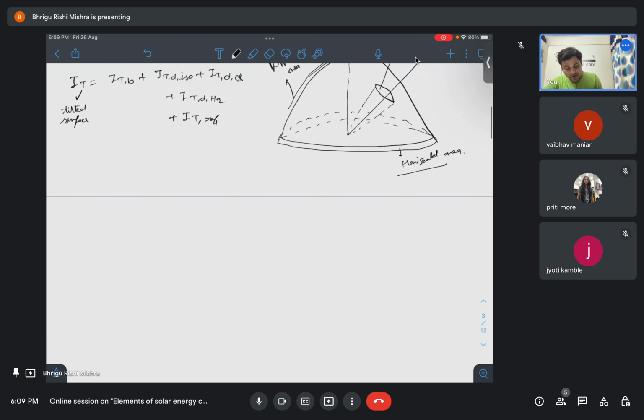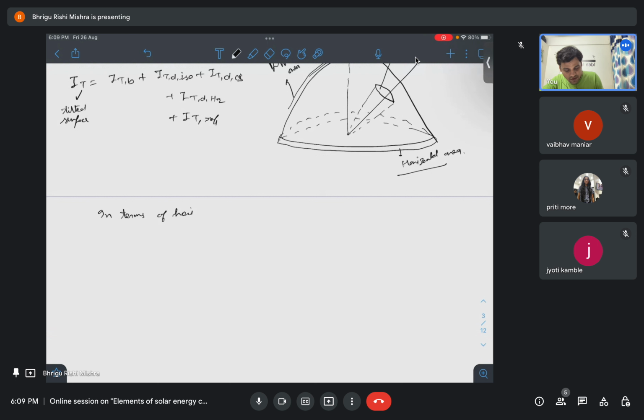Okay, so in terms of horizontal radiation it can be further simplified, since we can measure radiation on a horizontal surface by using a pyranometer or pyrheliometer.